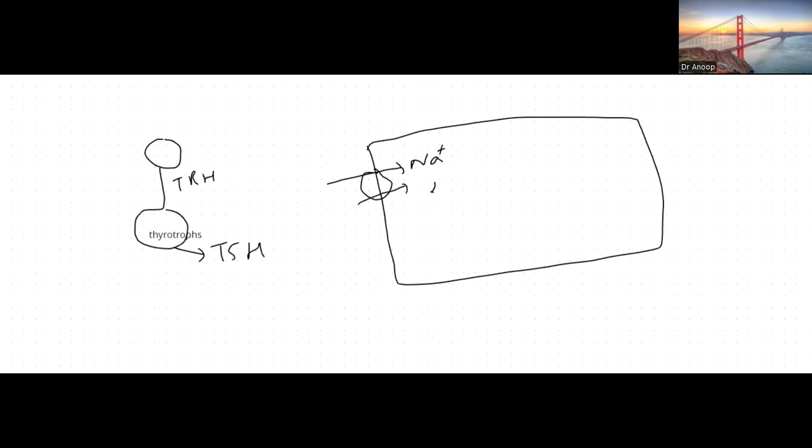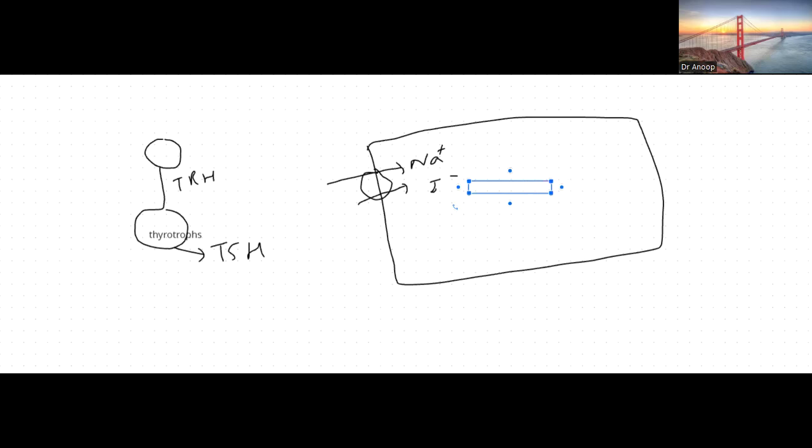Iodine contains a negative charge, right? So negative, and your proteins are also negative, so they are not going to combine with each other. So what happens in the first step is it's going to be oxidized. This iodine is oxidized to I positive ions.